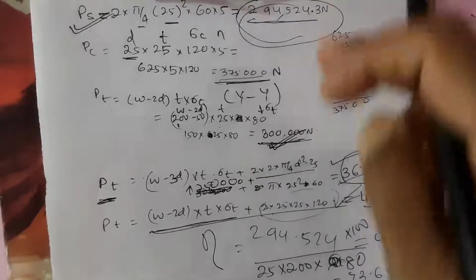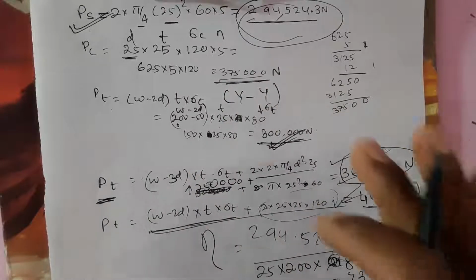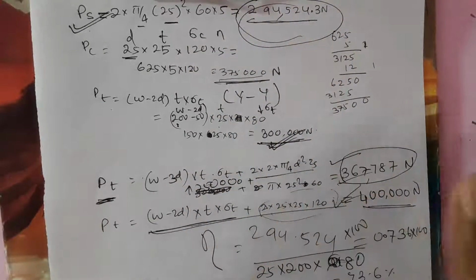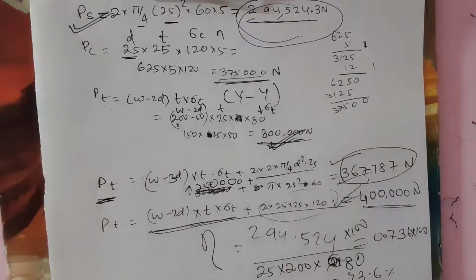All of them are greater than 250 kilonewton. So it is sure that the joint is not going to fail at the load of 250 kilonewton.